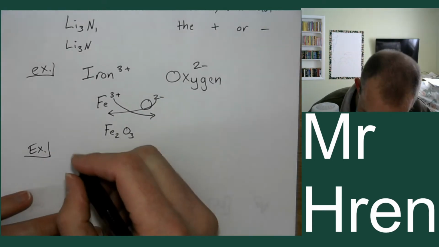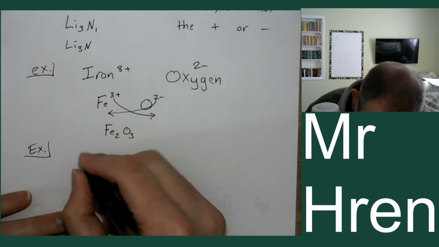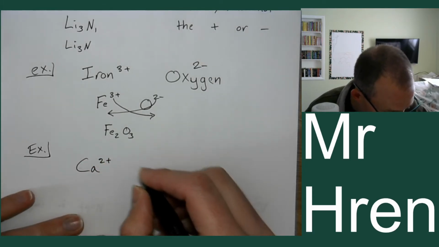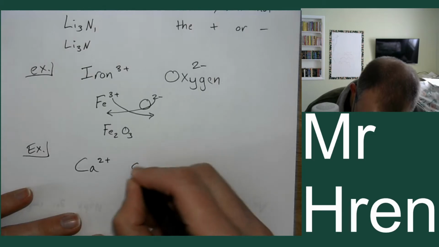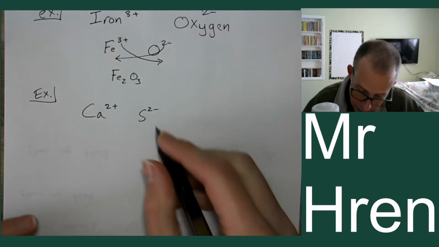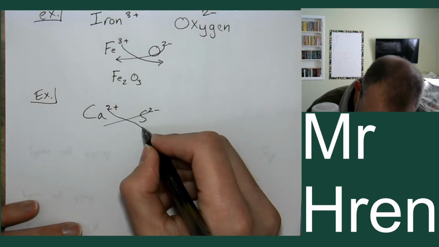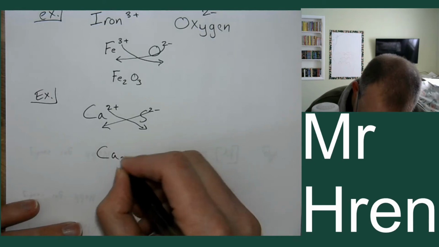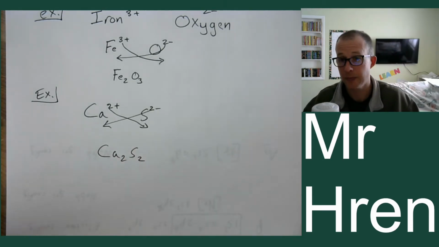So, for example, let's say calcium is +2 and sulfur is -2. Let's say we're going to combine those two together. So you crisscross those, and you're going to end up with Ca2S2.